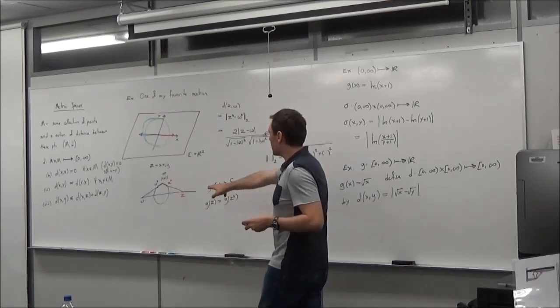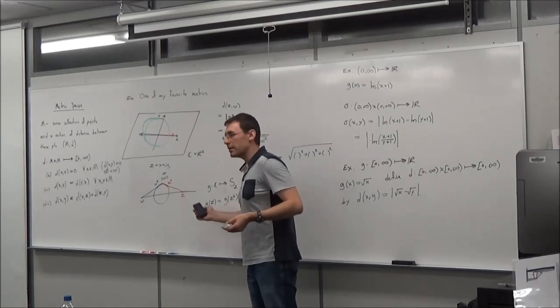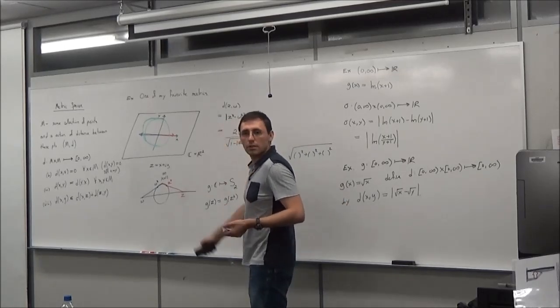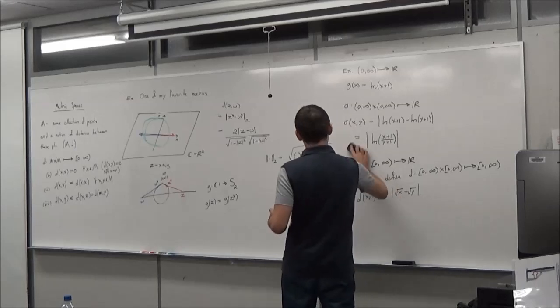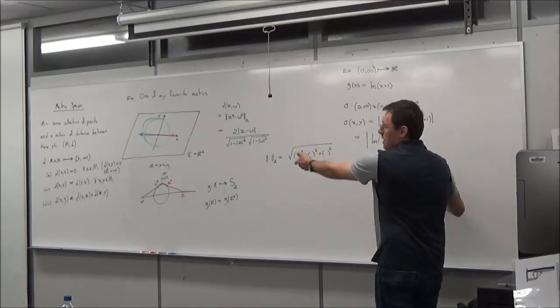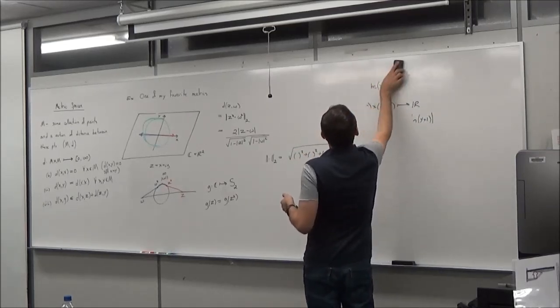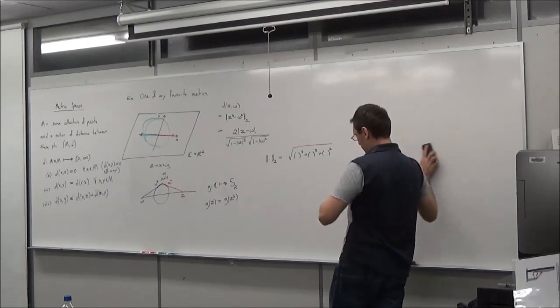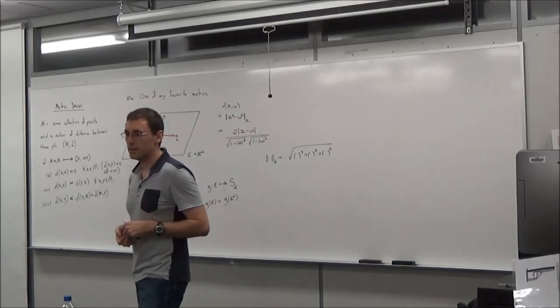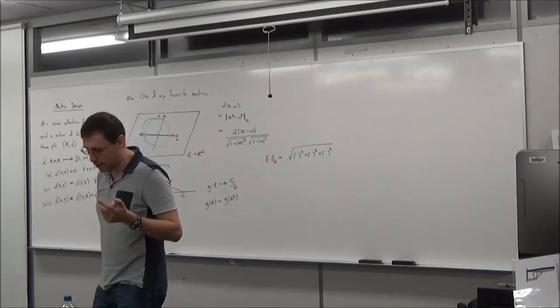This is a very important metric. If you study complex analysis, this is the metric you use. The ones I showed you are just trivial versions of this idea. In this case, it's important. This is just to whet your appetite, that's all.